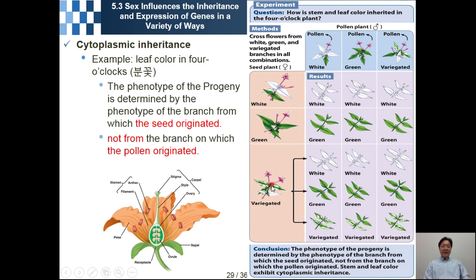For example, the seed originated from this variegated branch. In this case, some of them are all white, some are green, and some are variegated. So the phenotype of the progeny is determined by the phenotype of the branch from which the seed originates, not from the branch on which the pollen originated. This is another example of cytoplasmic inheritance.